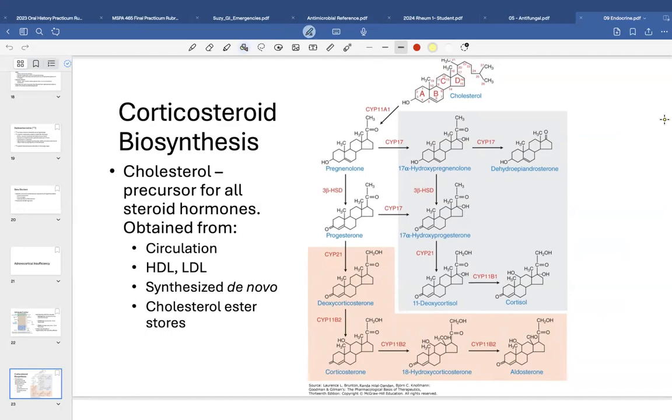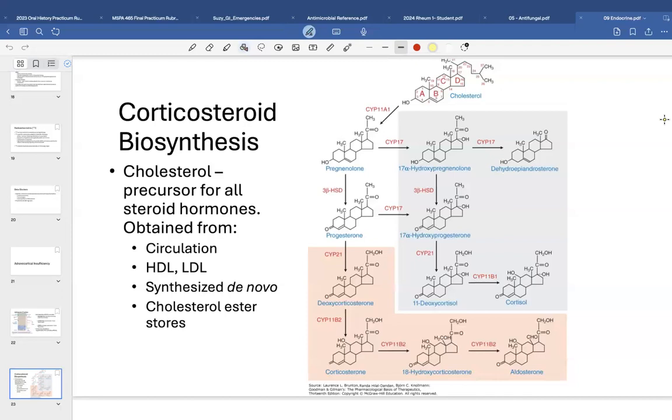But here I have 3 pathways that are being described. You have your aldosterone pathway here. The cortisol pathway, which is here.